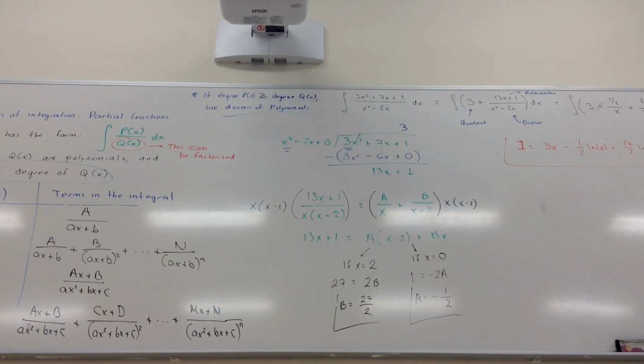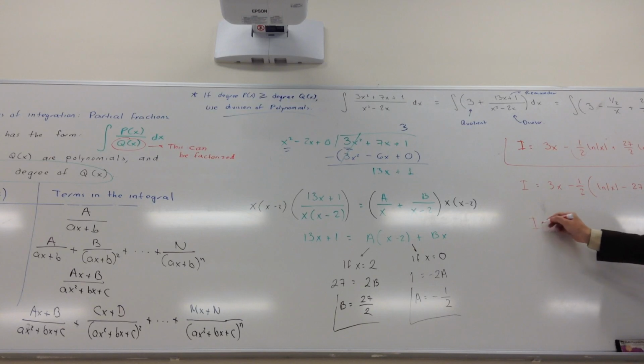Well, if you want to simplify that, with 3x, from this one and this one, you can factorize. Let's factorize: it would be 1 half multiplied by ln of x minus 27 ln of x minus 2 plus c.